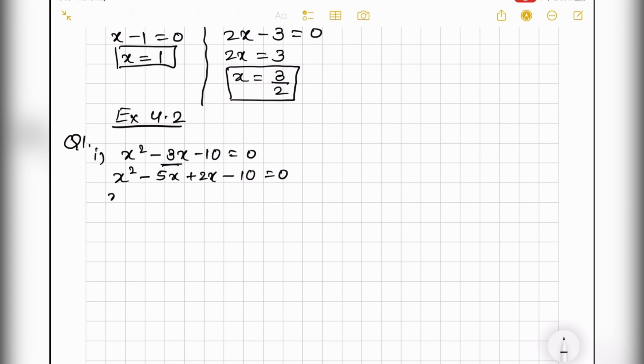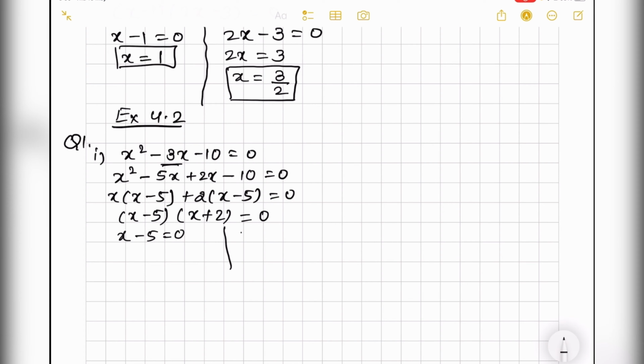Now from the first two I am taking x common, so x minus 5. From the next two I am taking 2 common, so x minus 5 equal to 0. From both I am taking x minus 5 common, so x plus 2 equal to 0. So either x minus 5 equal to 0 or x plus 2 equal to 0. So either x will be 5 or x equal to minus 2. So these two are the solutions of this.